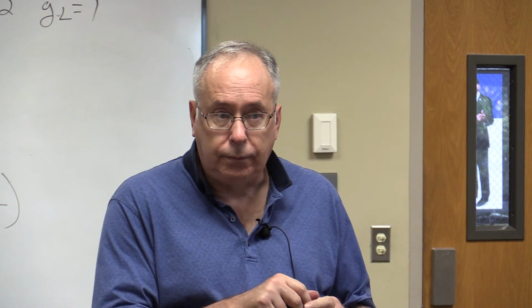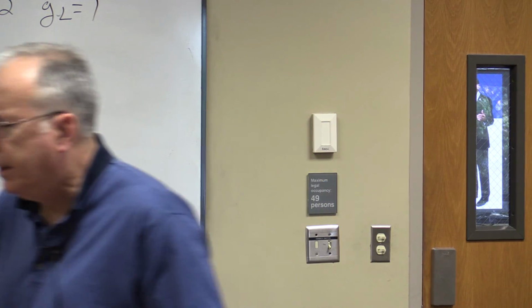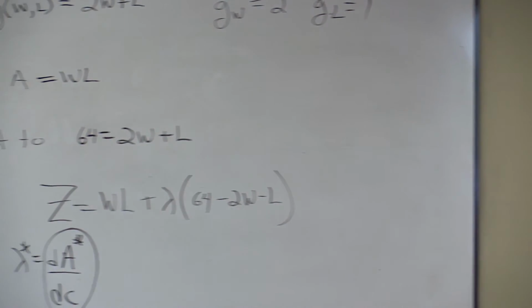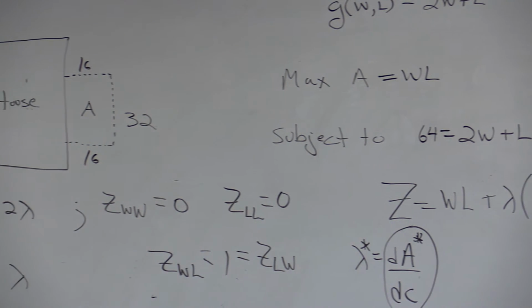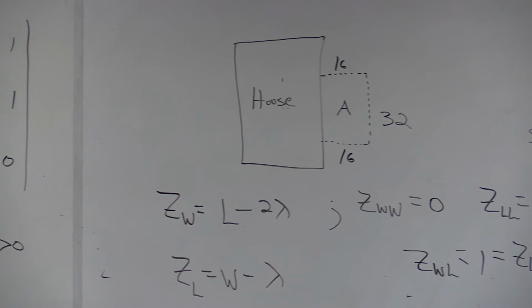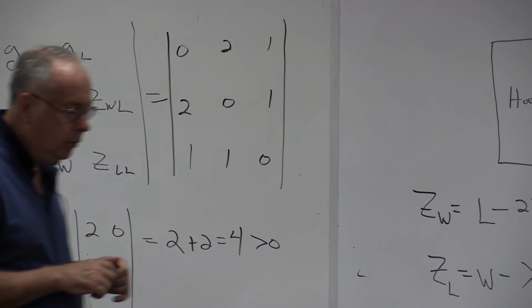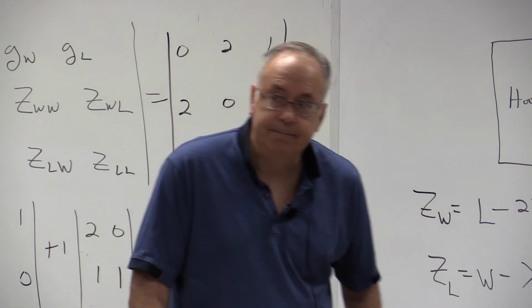Just wondering if there's no unique solution, right? So there's multiple solutions for WL? Not necessarily. Generally, your bordered Hessian will generally turn out to be either positive or negative. It's pretty unusual for it to be exactly 0. But if it did turn out to be exactly 0, then you wouldn't know. You'd have to do some further testing to figure out what you had. Okay.